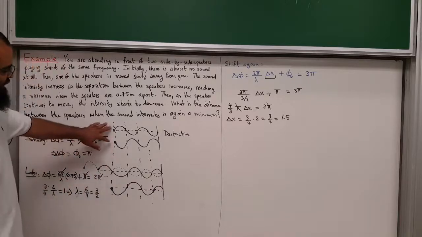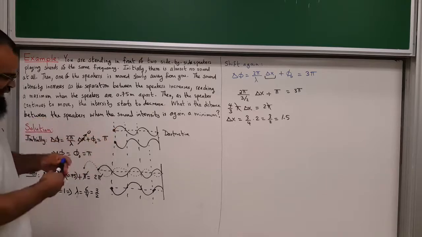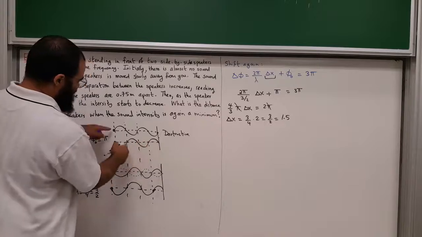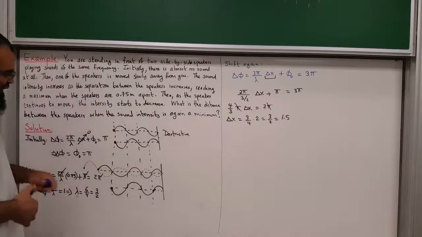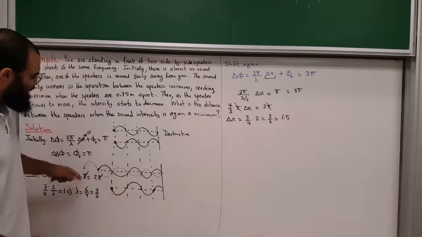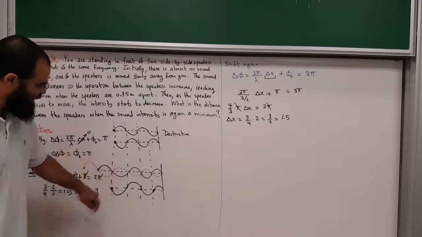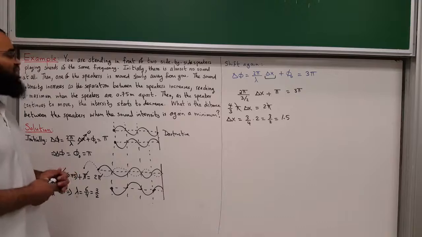When they started initially, they were out of phase. We say out of phase because they are doing the opposites to each other. And then they became in phase, here, the black and the black. And then later they became out of phase again, the blue here and the black line here. That was out of phase, so that was destructive interference.